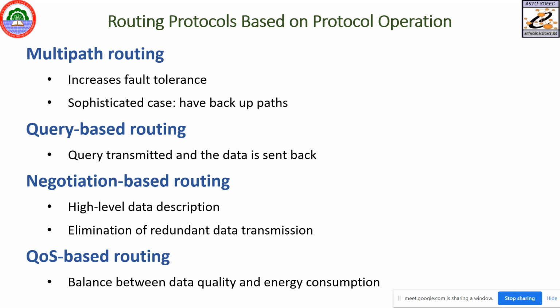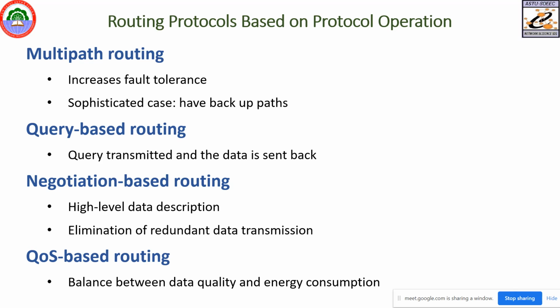Instead of simply broadcasting the route request, it will select one particular region and broadcast the information in that region. That means if 10 nodes are there, instead of broadcasting the route request to all the remaining nine nodes, it will choose one particular region and broadcast the information to it.